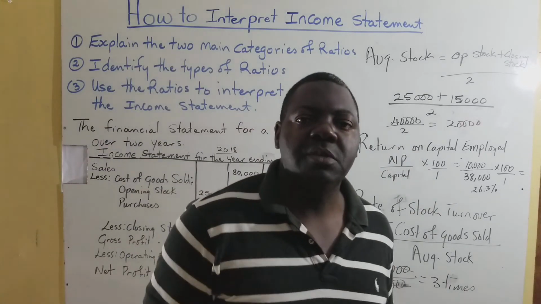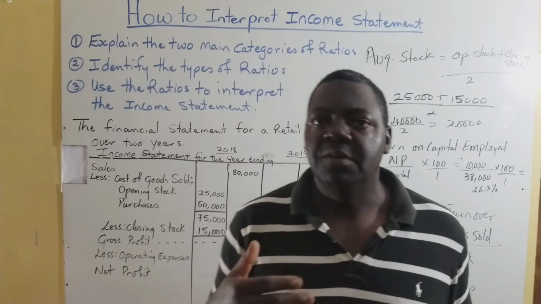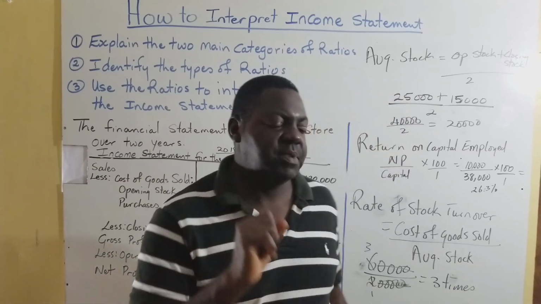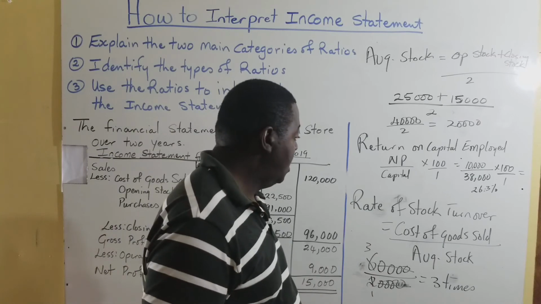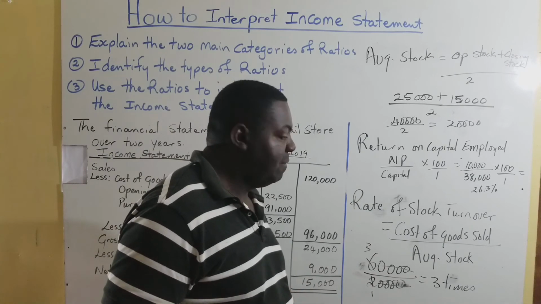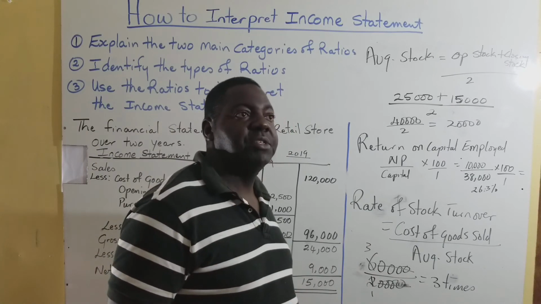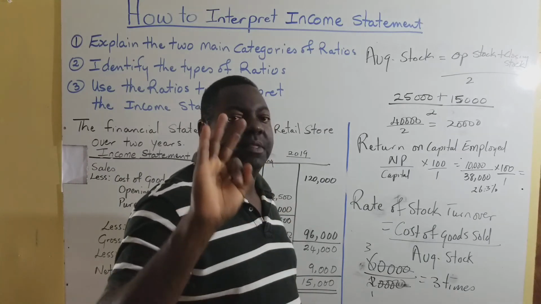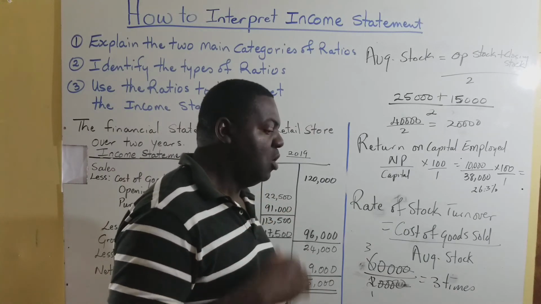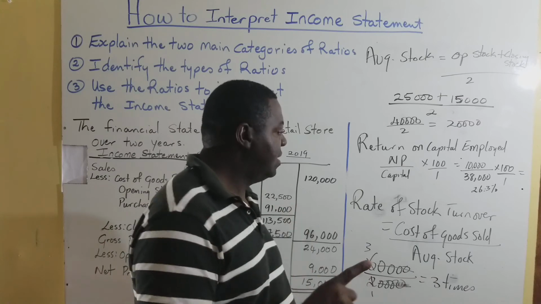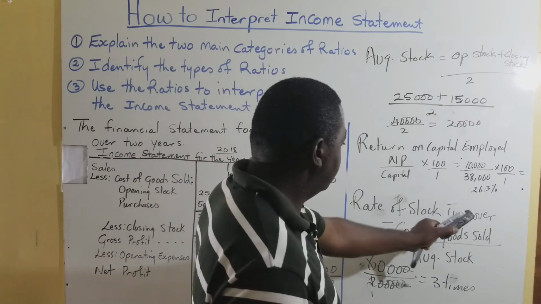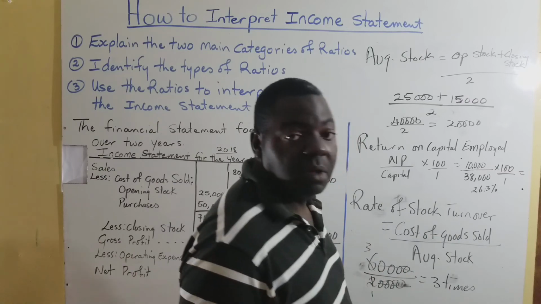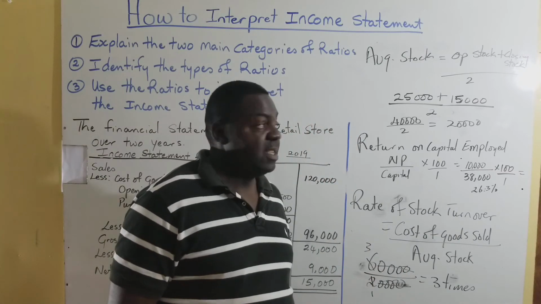We have sold out our stock during the year 3 times. 3 times we have restocked our business completely. That's what this is telling us: that we were able to sell all the stock that we had 3 times. That's what the rate of stock turnover is in this case.